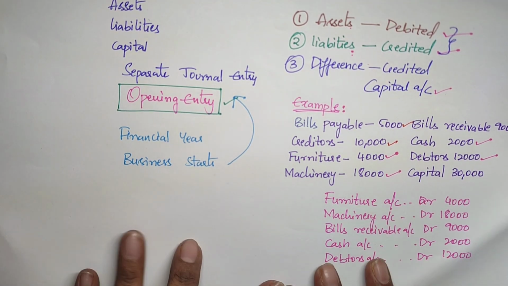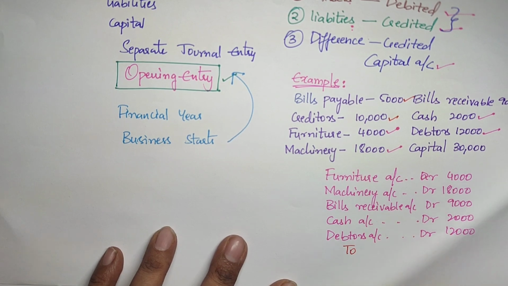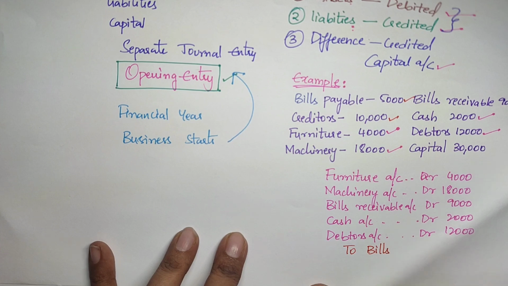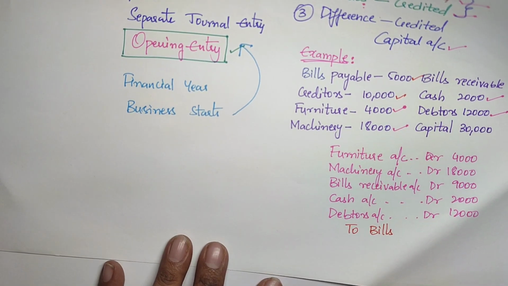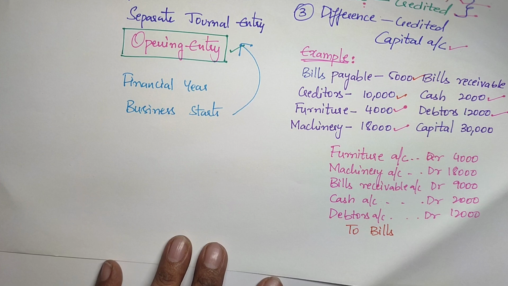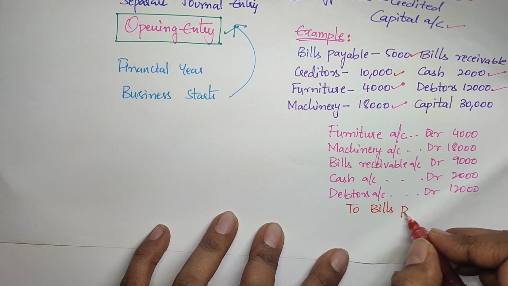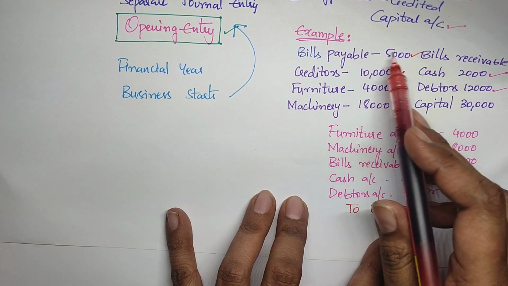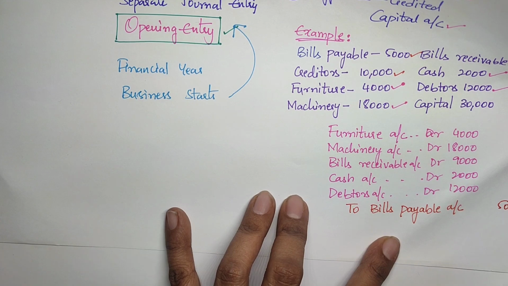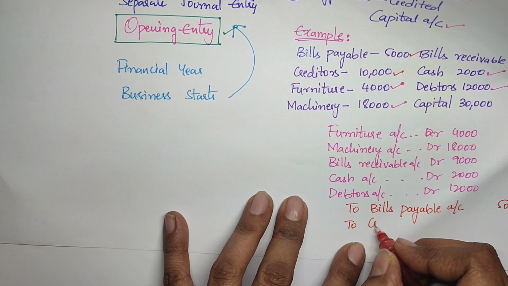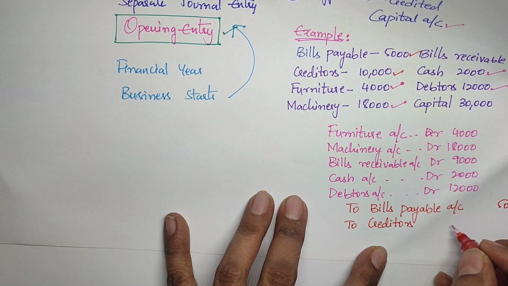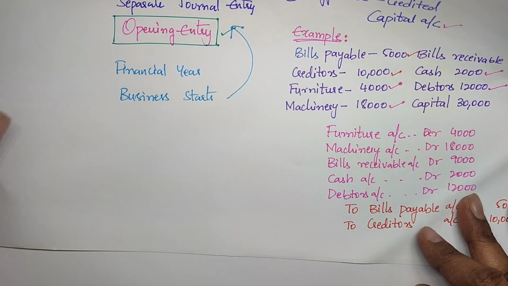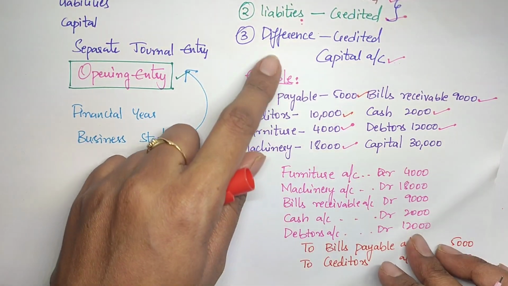Okay, now these two we need to post: to bills payable account 5,000, to creditors account 10,000.